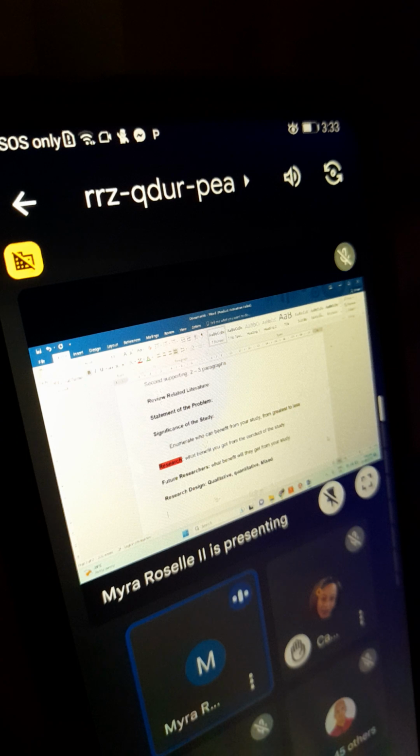Next, you are going to have the research environment. This part here is where the study was conducted.